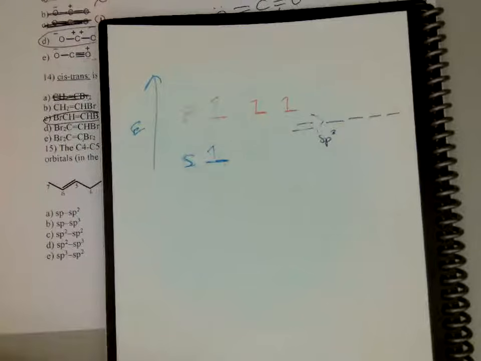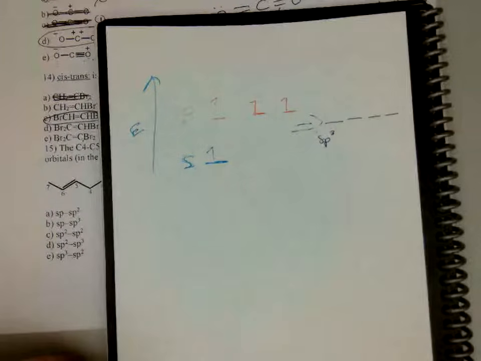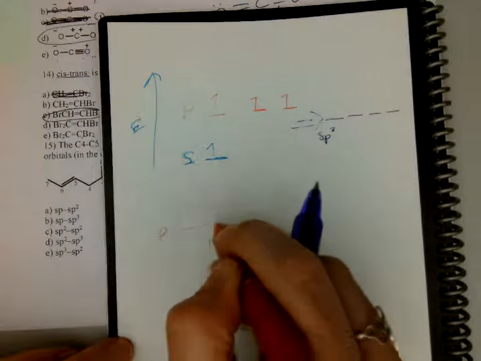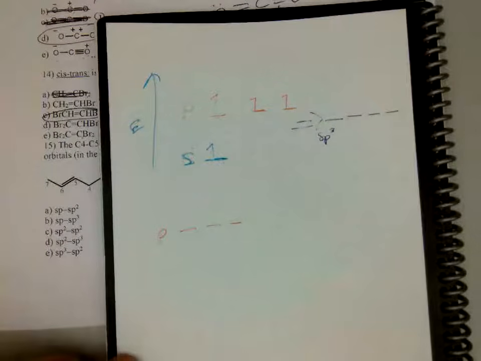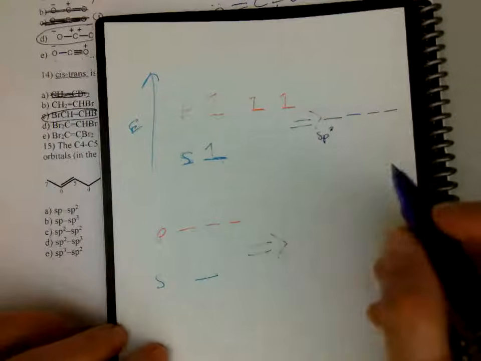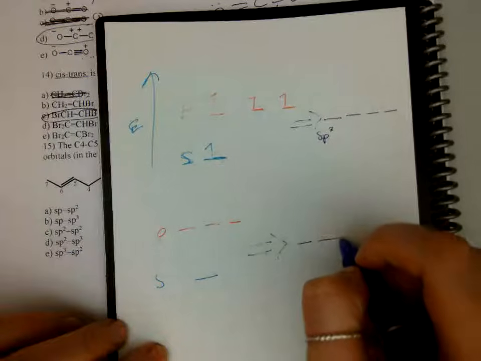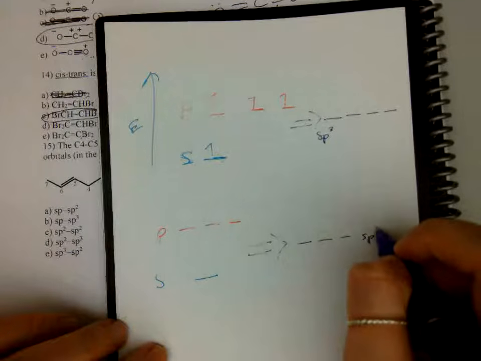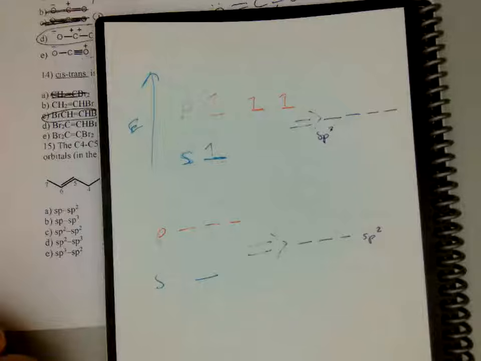But what if you're only trying to make 3 bonds? Then you would take only 2 of your orbitals from the p and 1 from the s, so you'd get 3 sp2 hybridized orbitals.